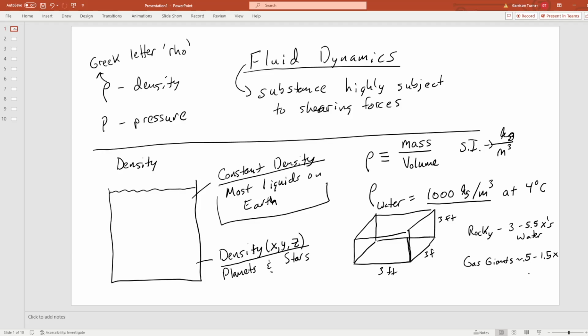So gas giants will typically be between 0.5 and 1.5 times the density of water.